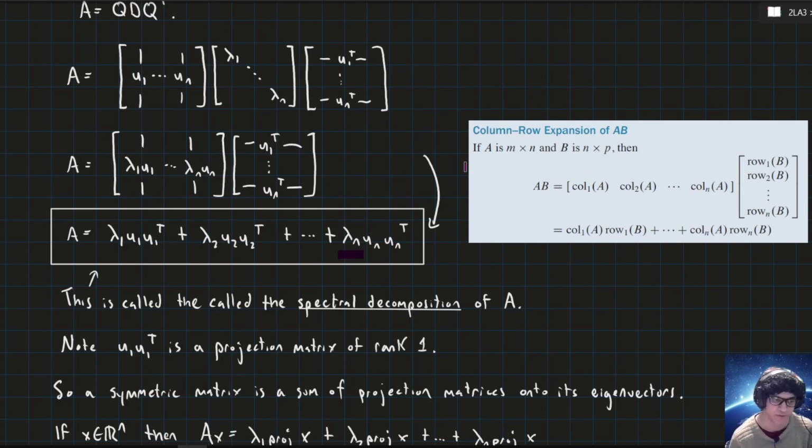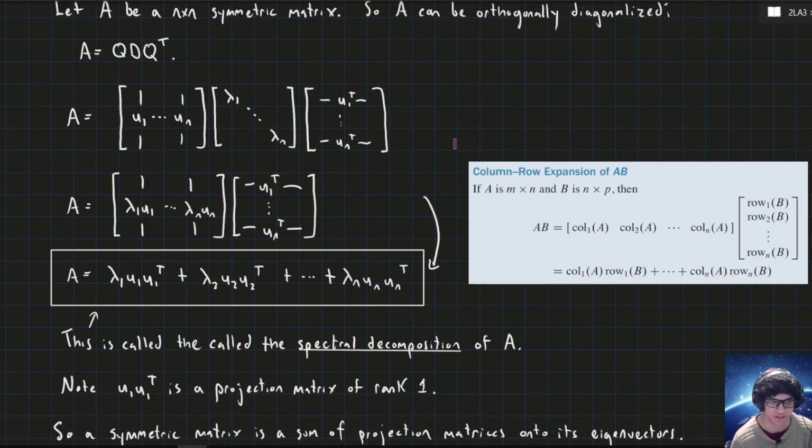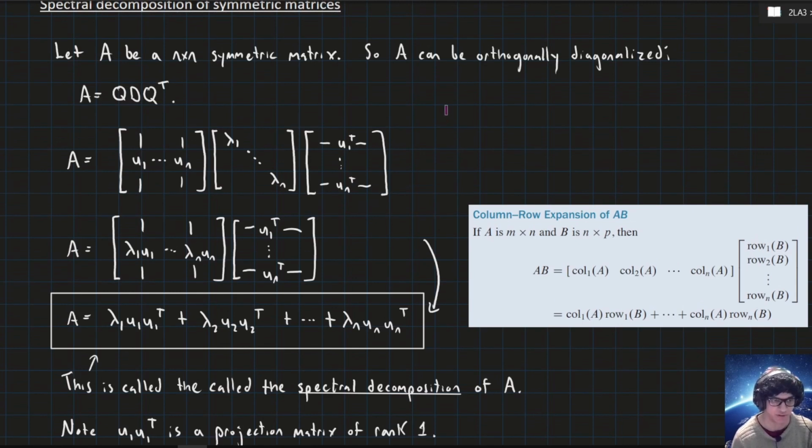So symmetric matrices have a lot of structure to them that's completely understood in terms of eigenvalues and eigenvectors.